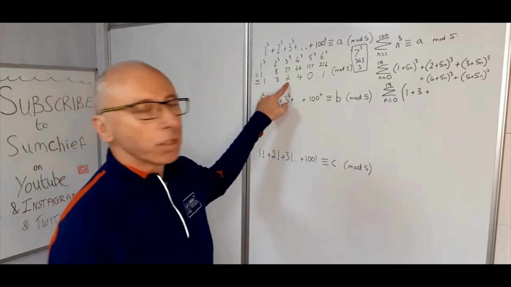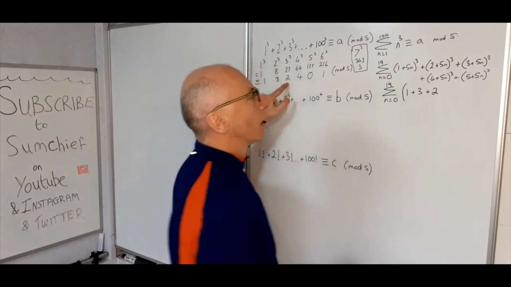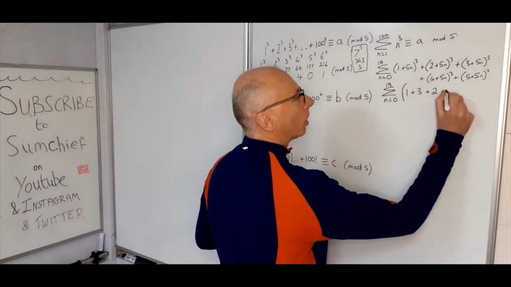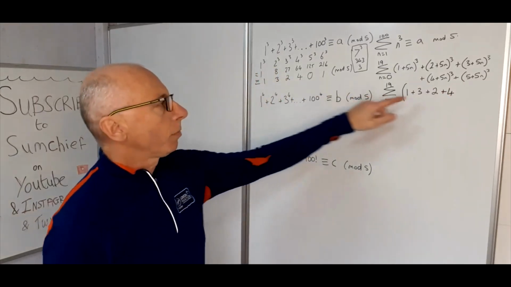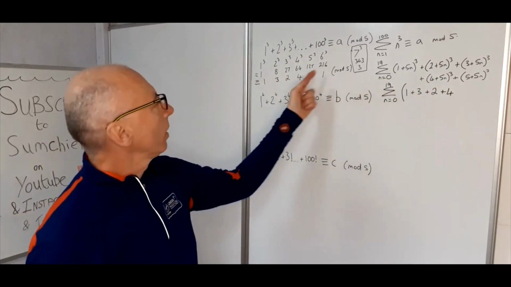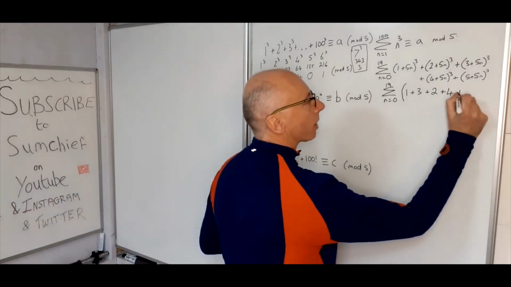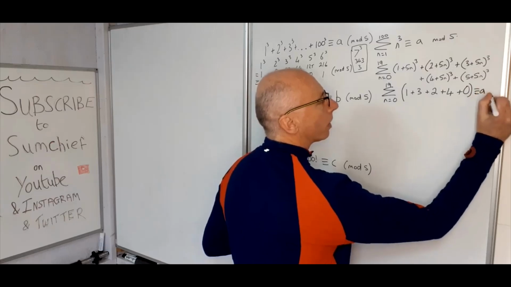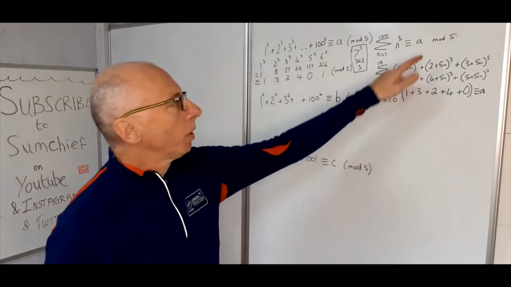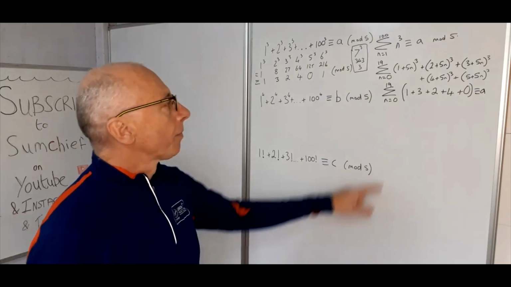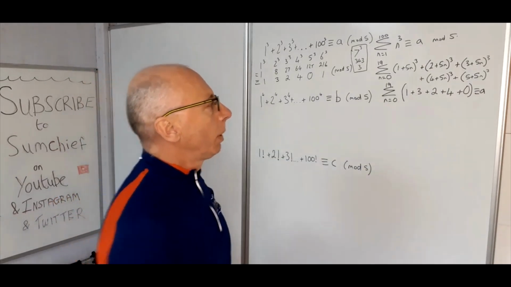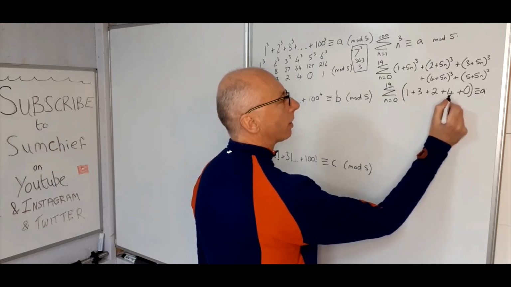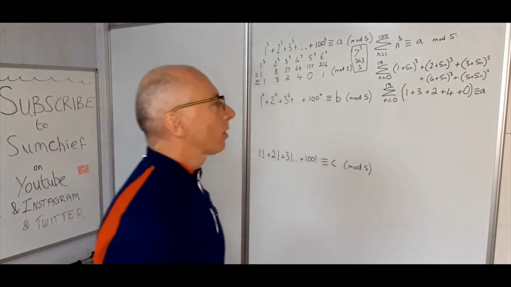For the 3, we need a 2. 4 plus 5n is going to give us a 4. And 5 plus 5n cubed, well, mod 5 is going to give us a 0, but I'll write it in anyway so we can see what's going on. And that's congruent with a. Okay, the mod 5 I won't write in, we know what's going on now. So now we can just add this up. So that's 1, 4, 6, 10. So that's going to give us 10.